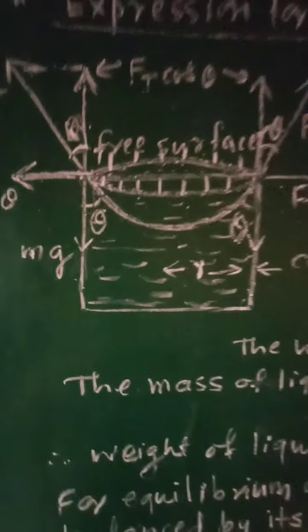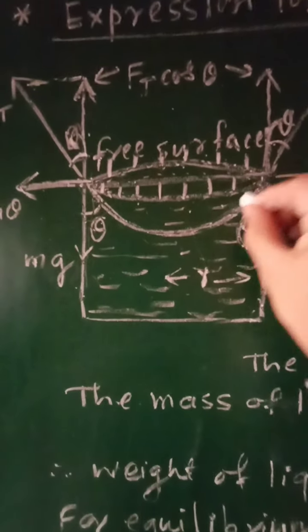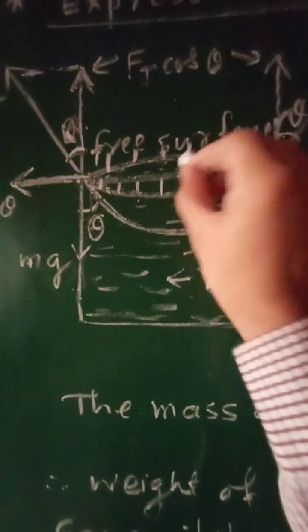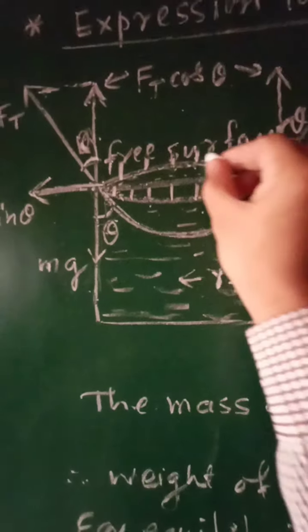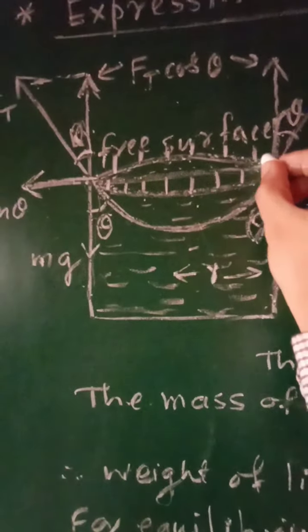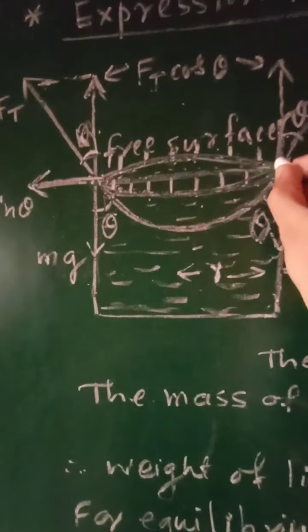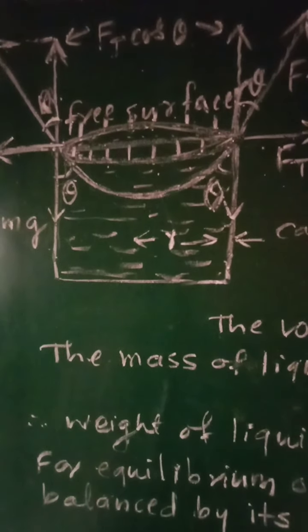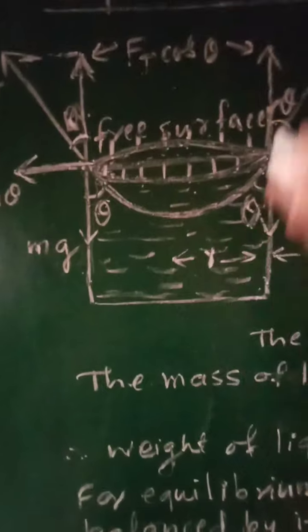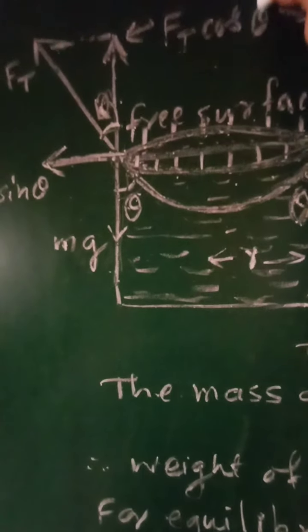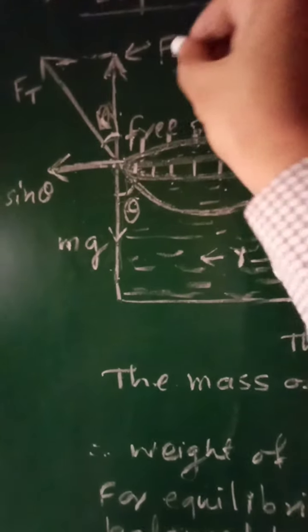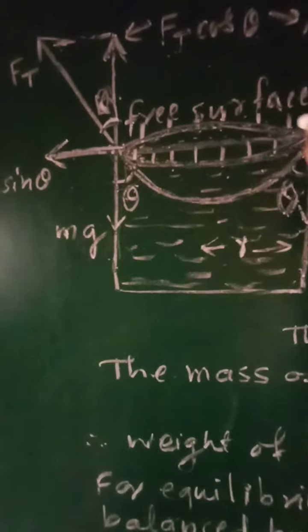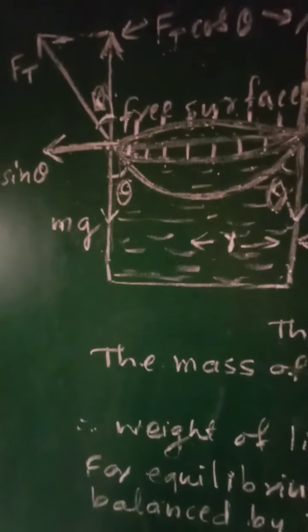As r is the radius of this capillary, therefore this circular path, the top surface of this liquid column, will be having its length equal to circumference, that is 2 pi r. Therefore, the total upward force will be equal to Ft cos theta into circumference, that is 2 pi r.